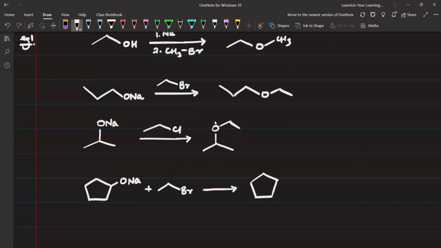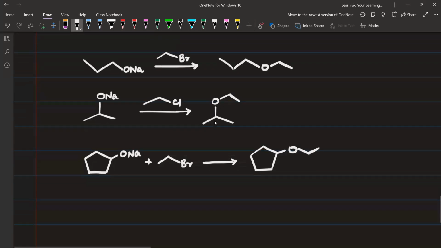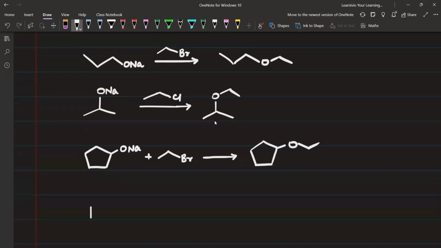Everything as it is till the oxygen atom, and then what group is attached? Two carbon atoms group. Try this one.